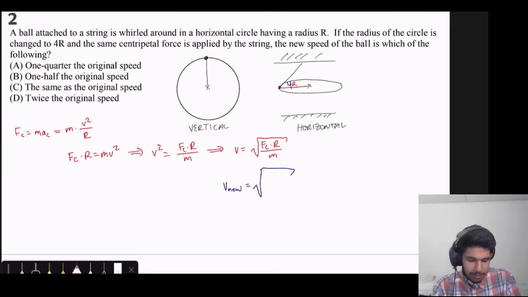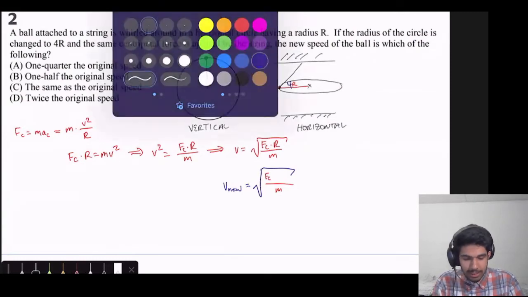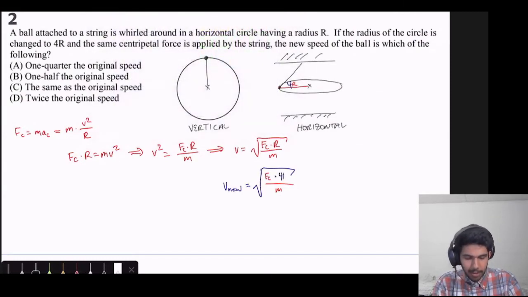Well, what stays the same? The mass stays the same because it's the same ball, and we're given that the force is the same, right? The same centripetal force is applied by the string. So the Fc stays as well. The only thing that changes is now the radius is 4r. And you're like, okay, well, we can take out the square root of 4 term and multiply that by the square root of Fc times r all over m.